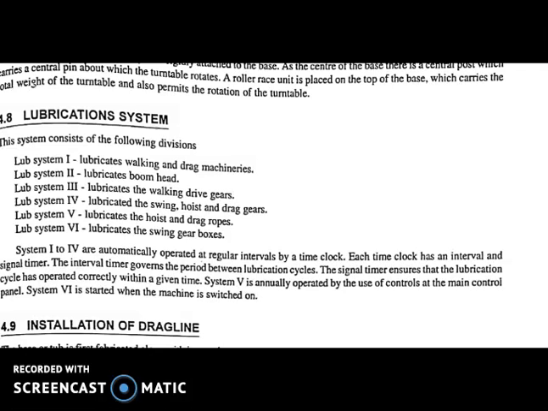System 5 is manually operated by the use of controls at the main control panel, where loop system 5 lubricates the waist and the drag ropes. The last one, system 6, lubricates the swing gearboxes. It is started when the machine is switched off.